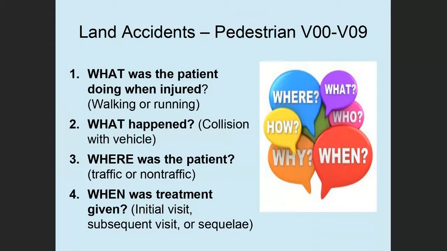To find the correct codes for a pedestrian, here are questions to ask. What was the patient doing when injured? What happened? Where was the patient? And when was treatment given? These will take you down step by step so you get all the information that you need.